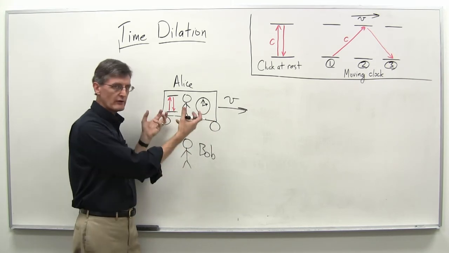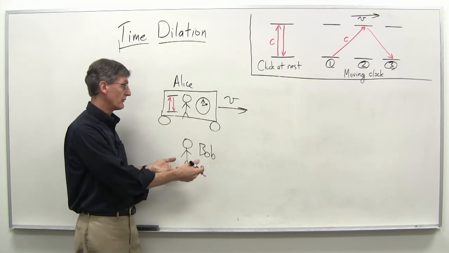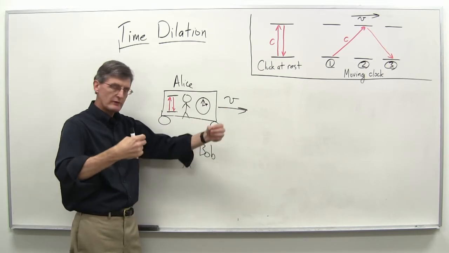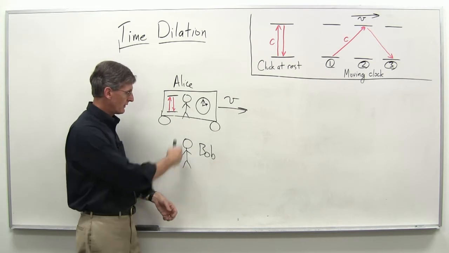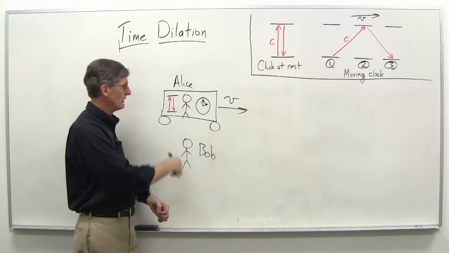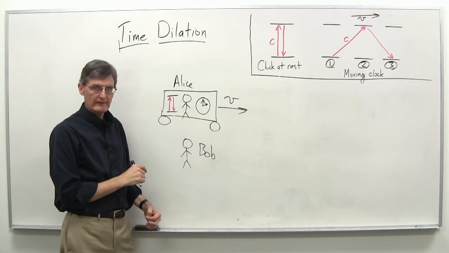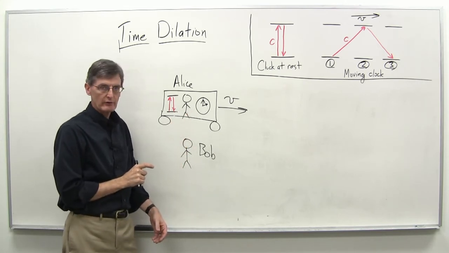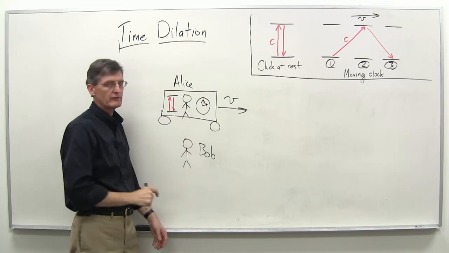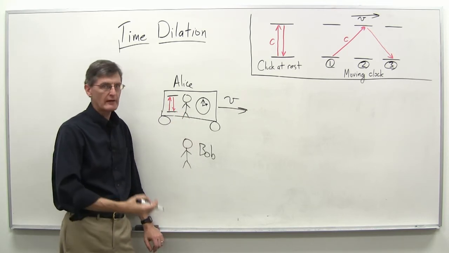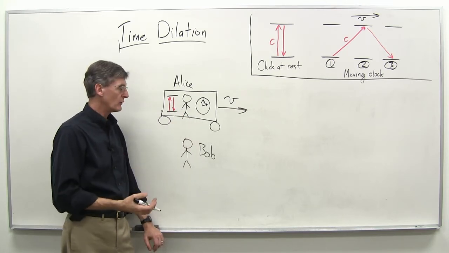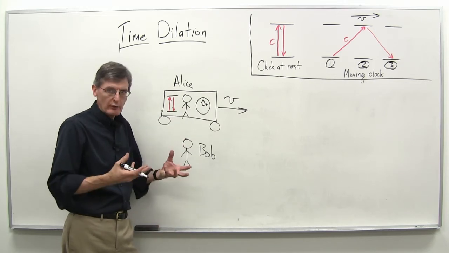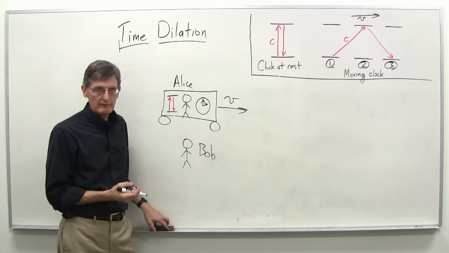If Alice also has photographic evidence of that discrepancy, really just looking at the clocks as she's going along, her photographs would have to agree with Bob's photographs. If every time Bob took a flash photograph as it goes by, Alice also took one at the exact same instant and location and looked at the comparison of her two clocks, and she saw a difference in those two clocks, that'd be clear evidence that she was moving. Because if she wasn't moving, there'd be no difference between the two clocks. They'd both be running normally. Ergo, it would be a violation of the principle of relativity.